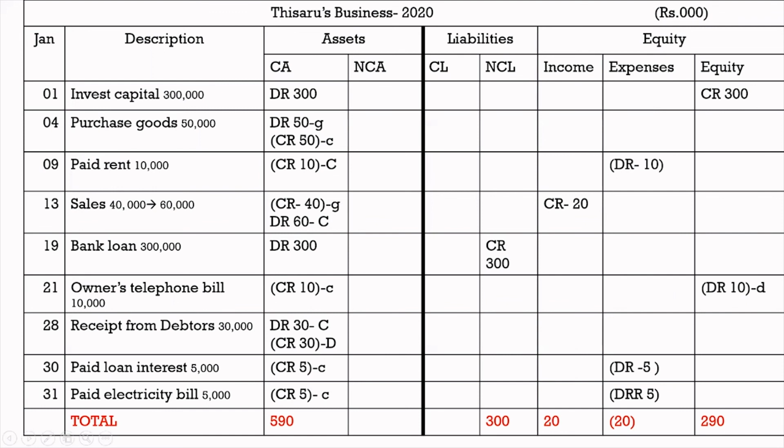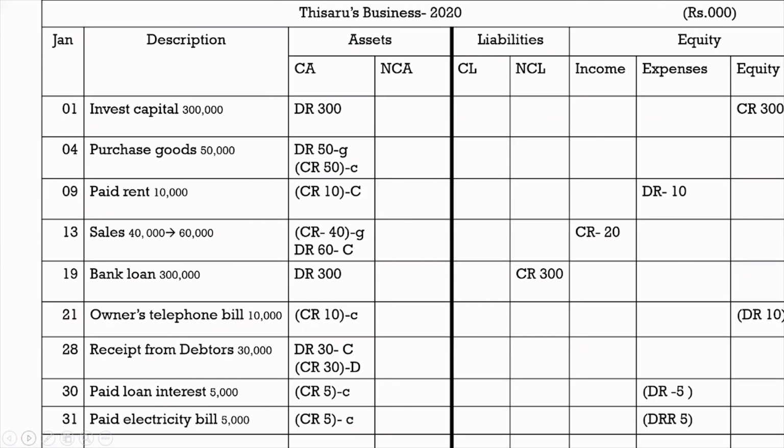Because it is given directly, but here you have to do a calculation even at the total. So 290 minus 20 plus 20, right? So here the impact is 0. So 290 plus 300, it is 590. So the assets value 590,000 equals the sum of liabilities plus equity 590,000, right?